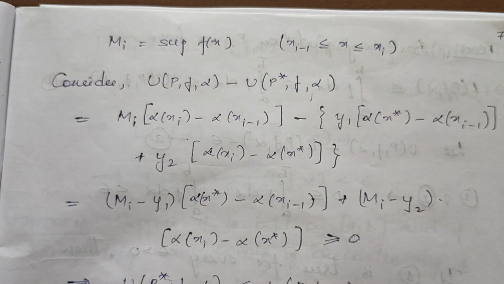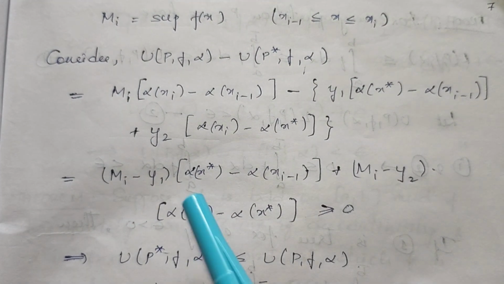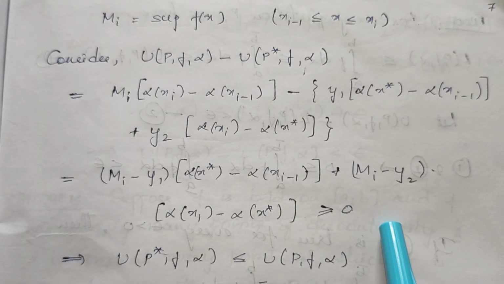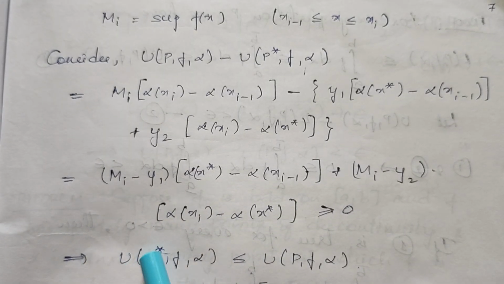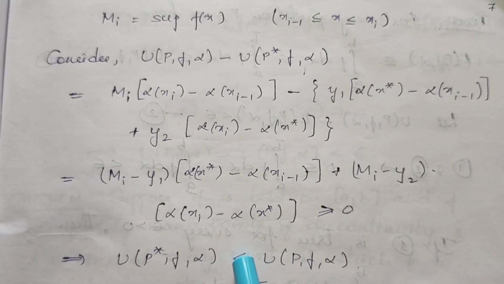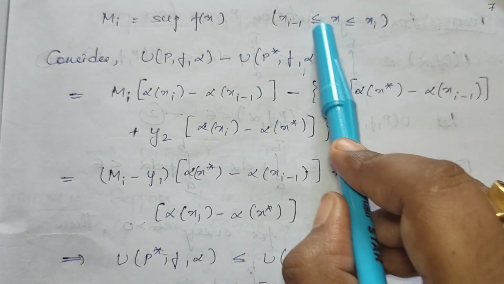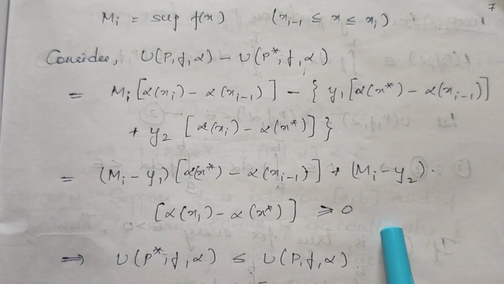I am using this. And at last we write that this whole term is greater than or equal to 0. And finally, u of p star comma f comma alpha will be less than or equal to u of p comma f comma alpha because the difference is greater than or equal to 0. And at last we get this proof. Okay, so this is all about the proof. Thank you.